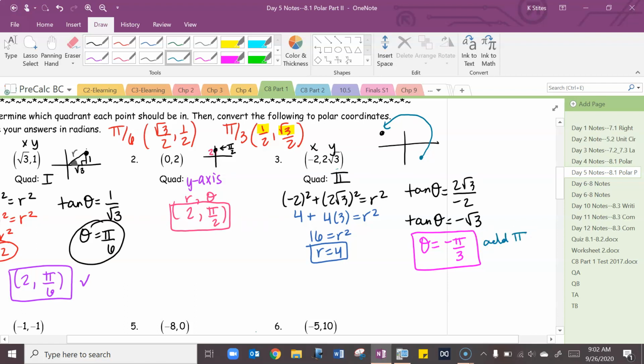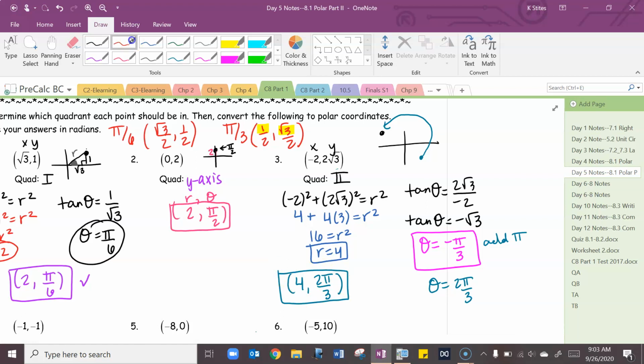Because essentially you need to get 180 degrees around. So negative pi over 3 plus pi would just be 2 pi over 3. Okay, again, we were in the wrong quadrant, so we needed to find the pi over 3 angle in the correct quadrant. So here's option 1.